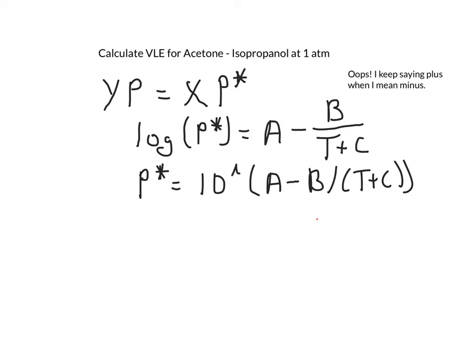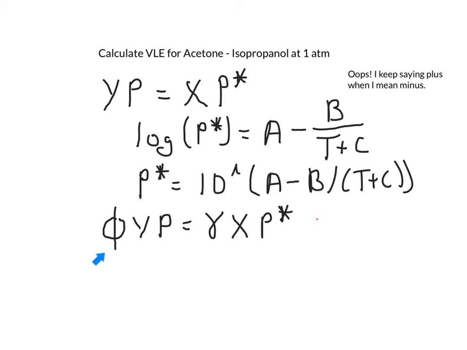Now, if the system is not ideal, we can use a modified Raoult's law, which has a vapor phase fugacity coefficient times the mole fraction in the vapor phase times the total pressure is equal to an activity coefficient times the liquid phase mole fraction times the vapor pressure.